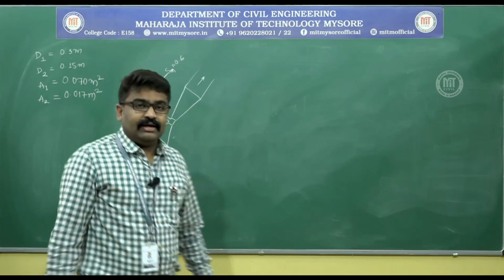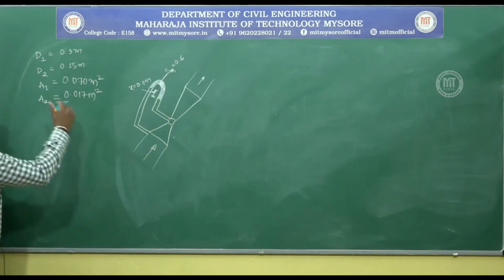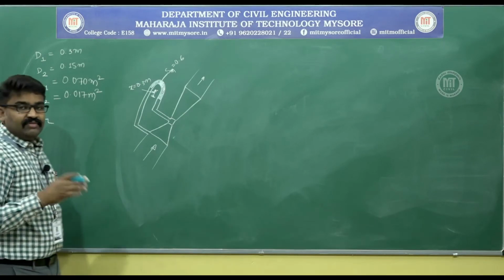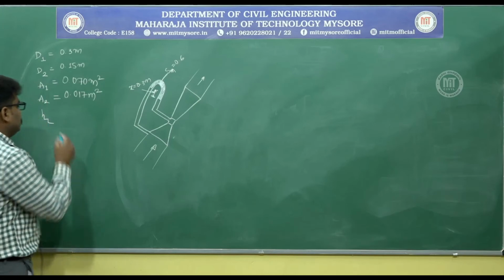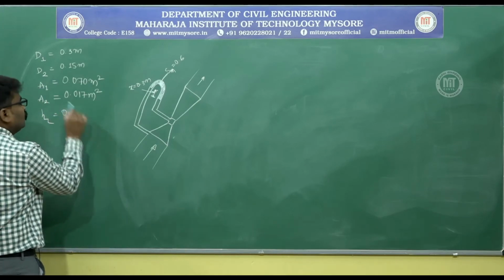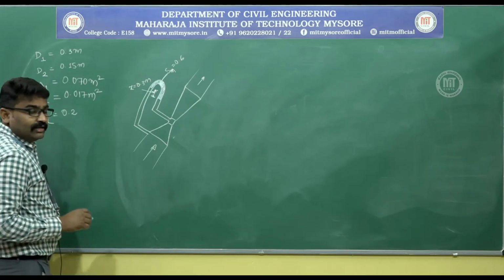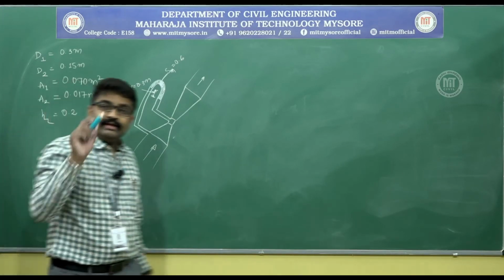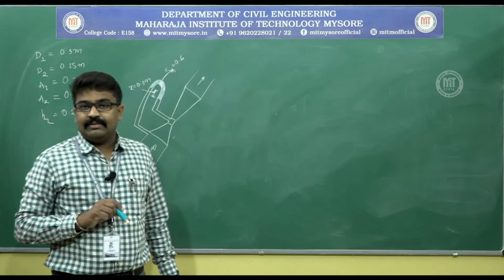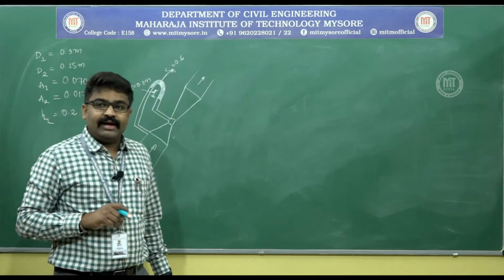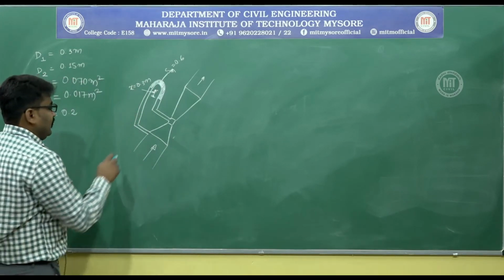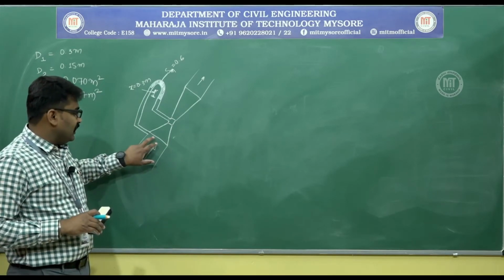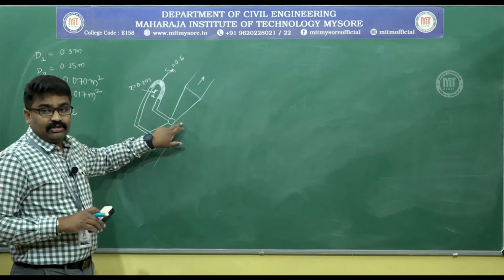So, one more data he has given is head loss. In the venturimeter, head loss was not used in the previous problems. Now, he says head loss is 0.2 times the kinetic head in the pipe. What is kinetic head in the pipe? It is V square by 2G. You should be very, very careful. Pipe is now attached to the convergent and not to the throat.